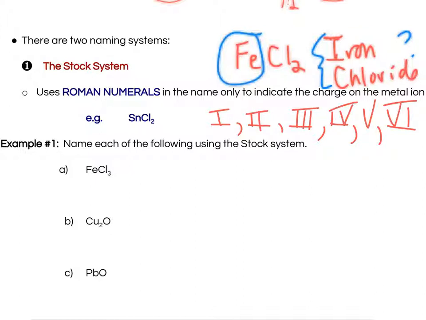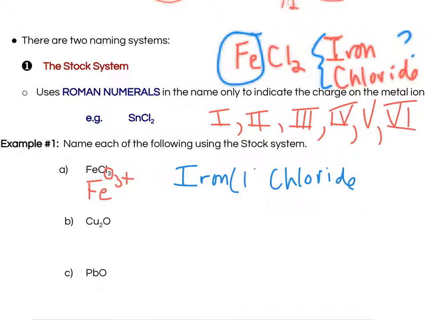So I know that in this compound, the iron is iron with a 3+ charge, because there's a little 3 that got crossed down, and that's a good clue for me. And so I'm going to say, all right, well, in this case, then, I can't just call it iron chloride. I'm going to call it iron(III) chloride to indicate to the reader that the iron that's in the compound is iron with a 3+ charge.